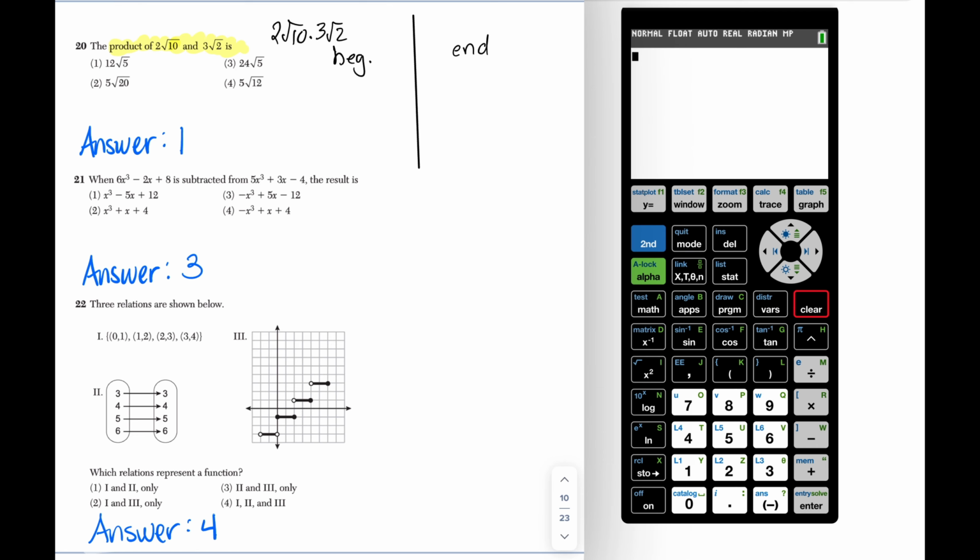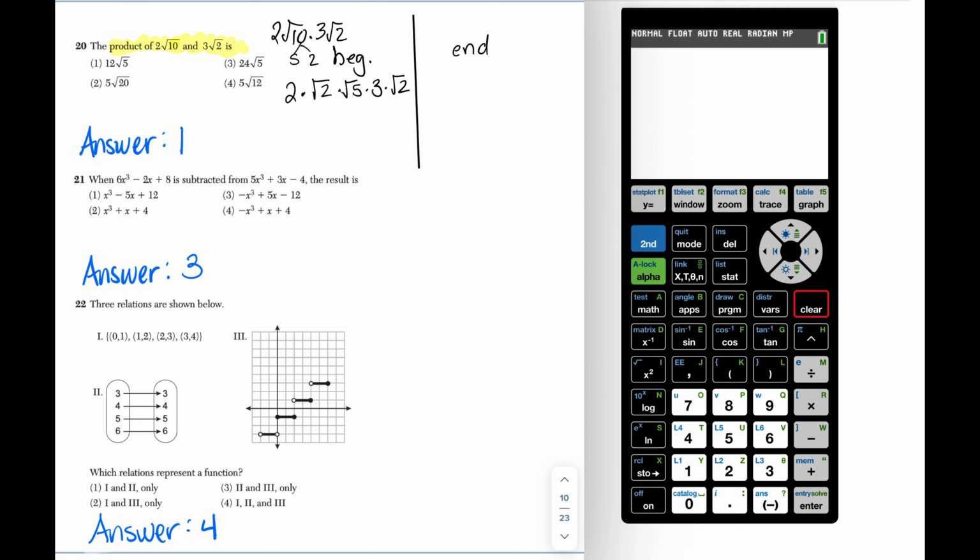I personally like to get the factors for that number and the square root sign in the very beginning. So I'm going to do 2 times, what are my factors of 10? I have 5 and 2. So I get 2 times square root 2 times square root 5 times, we have 3 and square root 2.